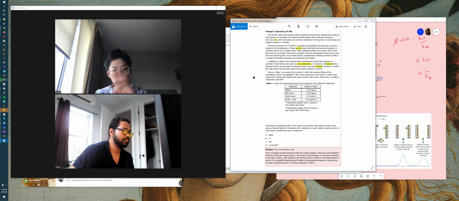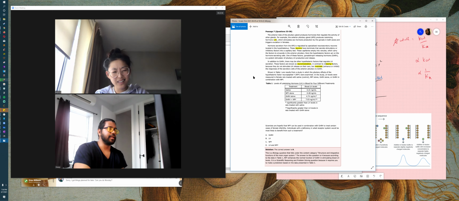So it could still help the person become fertile. But if the person doesn't have GnRH, then the person will likely not make LH, which means the person will be infertile. So if you add the treatment, it will benefit more.